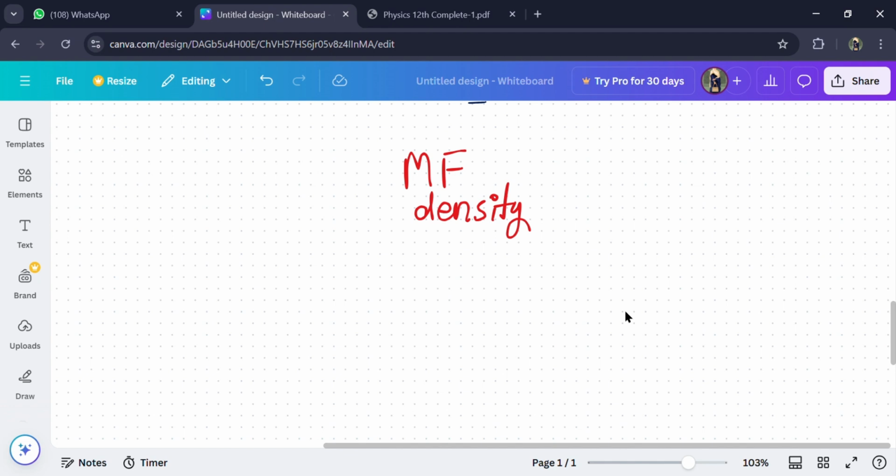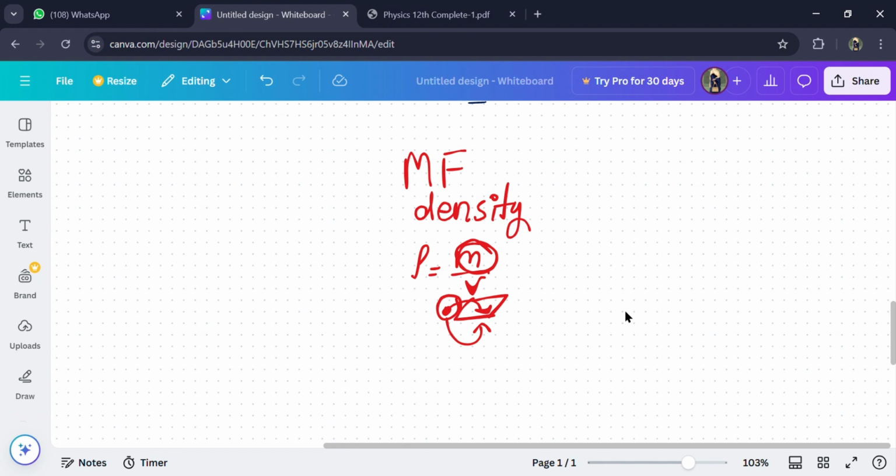We got to know the concept that density is equal to mass per unit volume. That means dm, the mass of the object that is placed in a specific area, so we need to measure that mass with respect to that surface. This is known as the density.